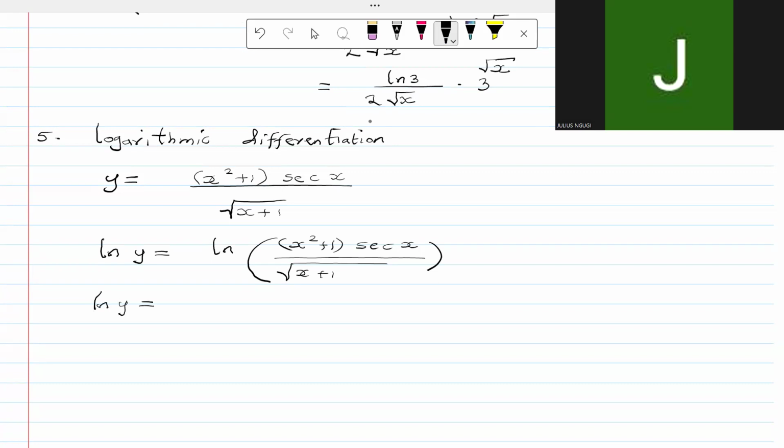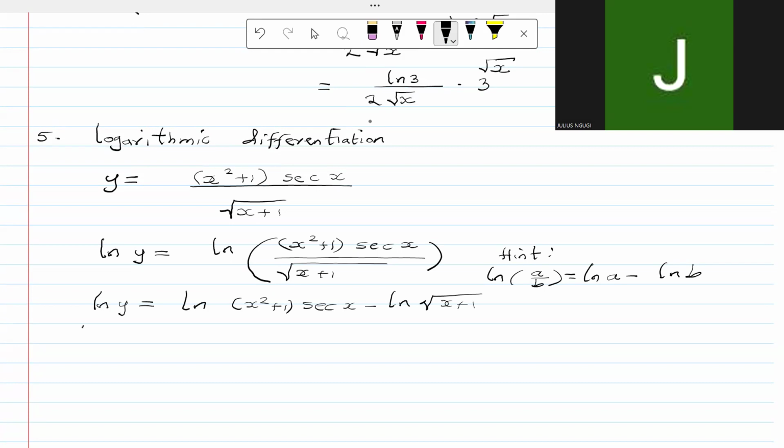The property we are using here, let me give it as a hint: ln of a over b equals natural log of a minus natural log of b. So we have natural log of (x squared plus 1) secant x minus natural log of square root of x plus 1.